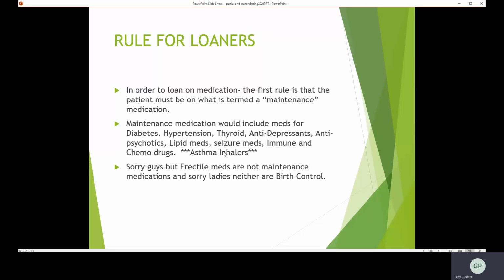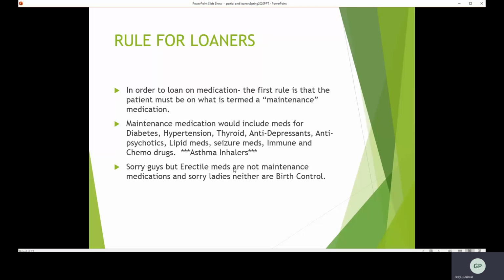But not every medication that you take every single day is a maintenance medication. If it's not a maintenance medication, it's usually a lifestyle or as-needed medication. So here, erectile medications like Viagra, if a person runs out of Viagra and they want some loaners, that's not going to work because erectile medications are a lifestyle medication.